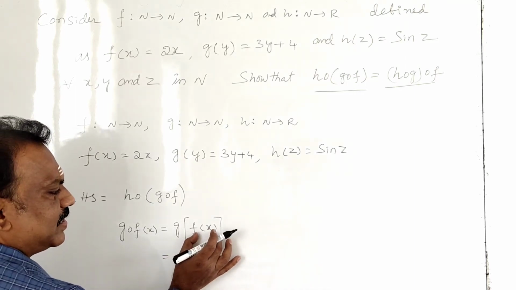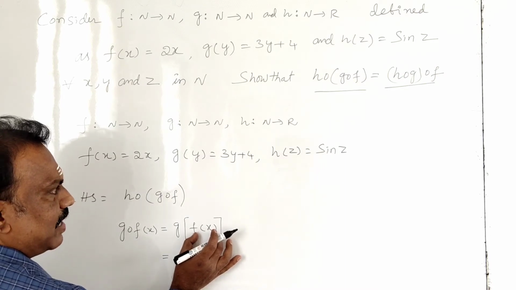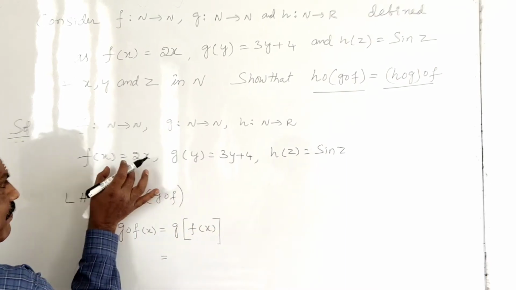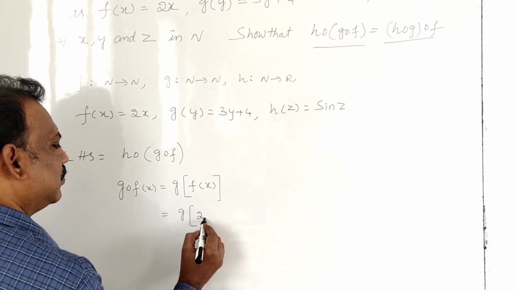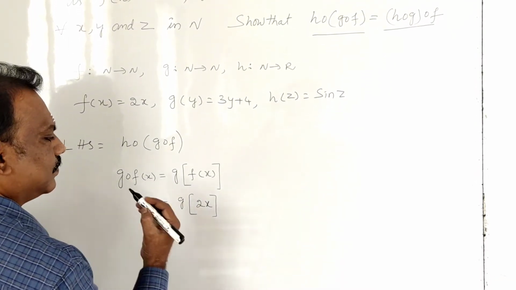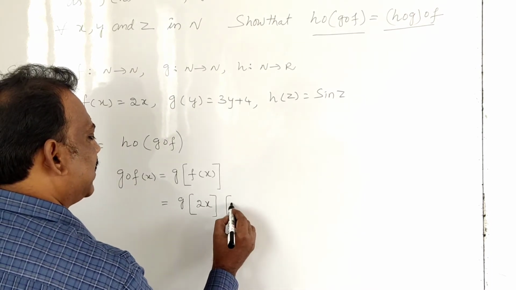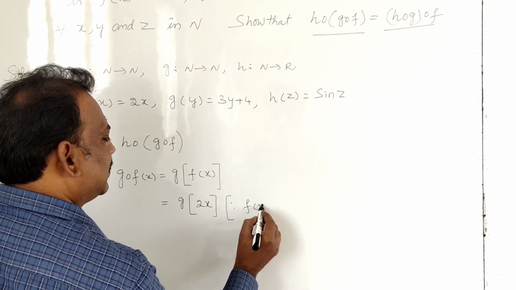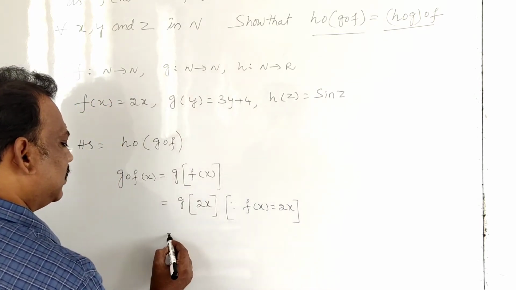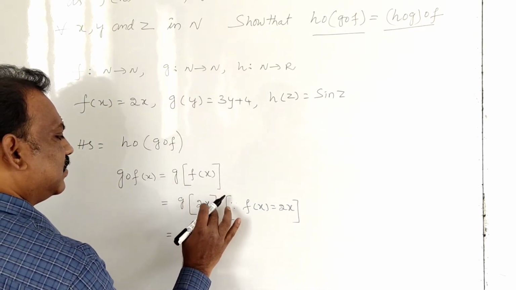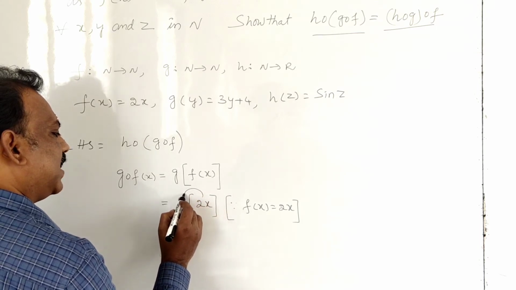Right. Now we are going to simplify each one. First simplify inside the bracket. What is inside the bracket? f of x. What is the f of x value? 2x. So I am writing g of 2x. Why am I writing 2x here? Since f of x is given as 2x. Next, this 2x we are going to replace in g.